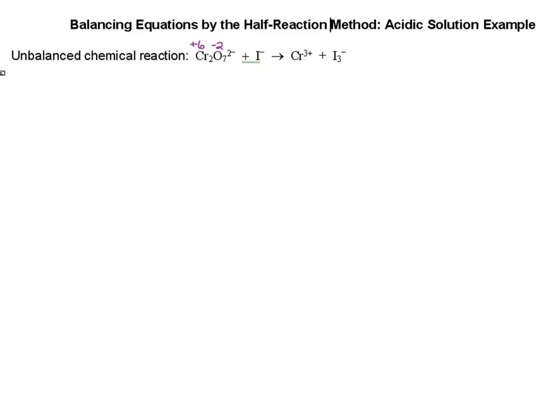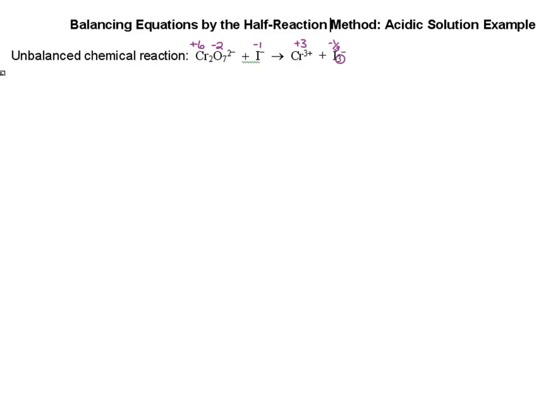The I minus is oxidation number -1. The chromium 3+ is +3. And we have that triiodide polyatomic ion. Remember that we're going to take the -1 and divide by 3, so it's -1/3. Is that not fun or what?